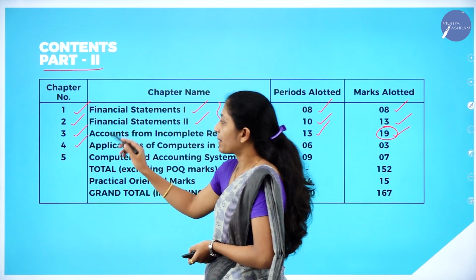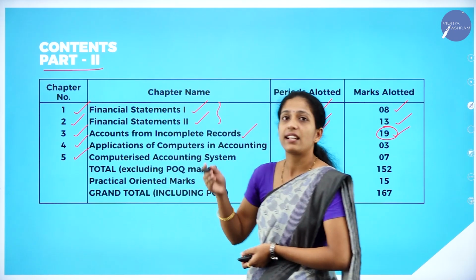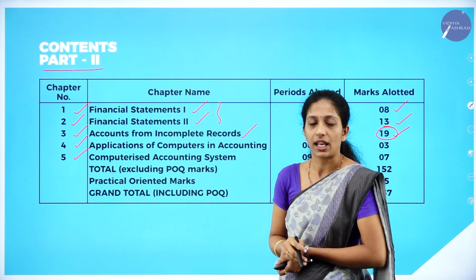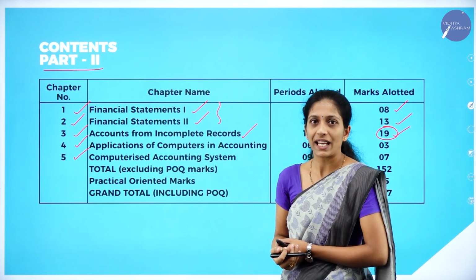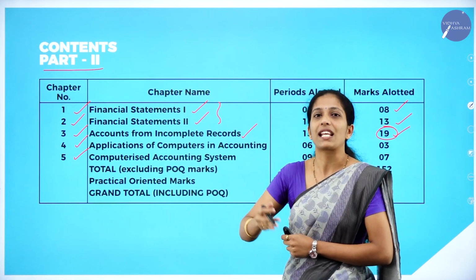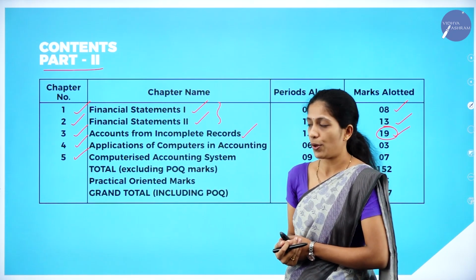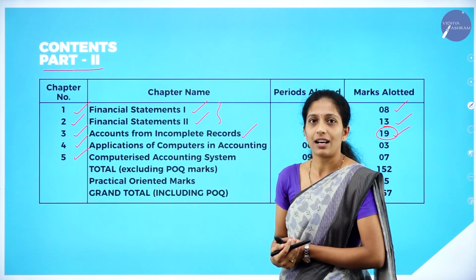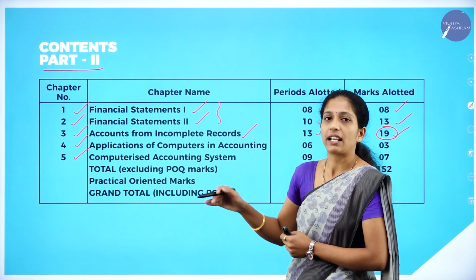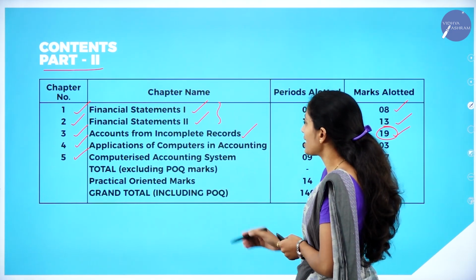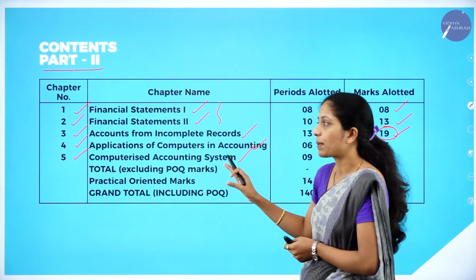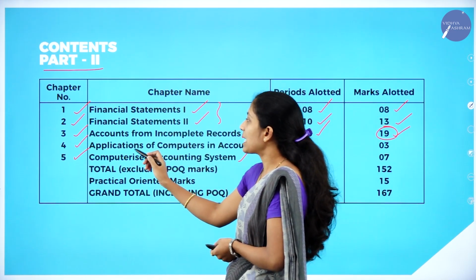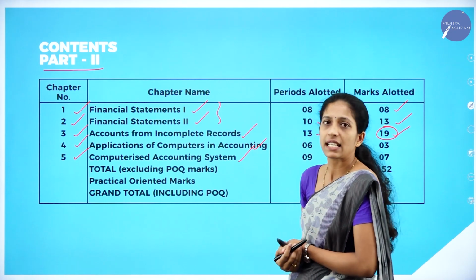Now the fourth and fifth chapters relate to computerized accounting, that is, how accounting is prepared by using the computer, or how accounting is connected to the computer. You are going to learn that under chapter 4 and chapter 5 under part 2. These 2 are theory chapters, where your fourth chapter is applications of computers in accounting.